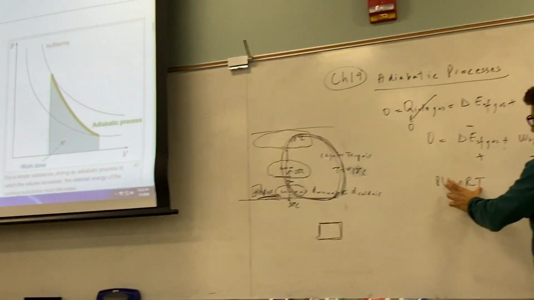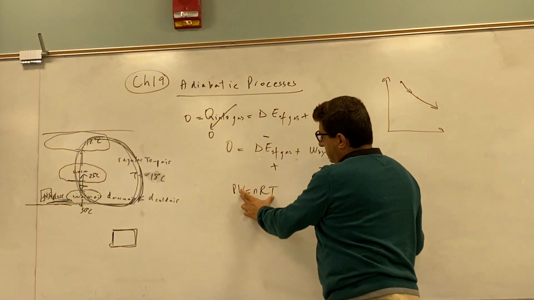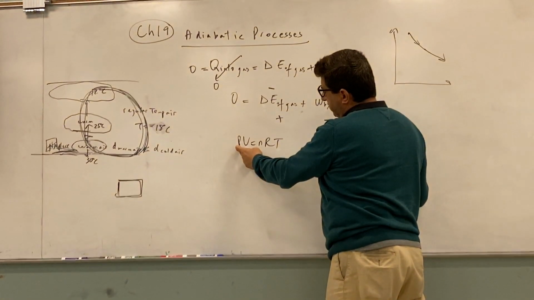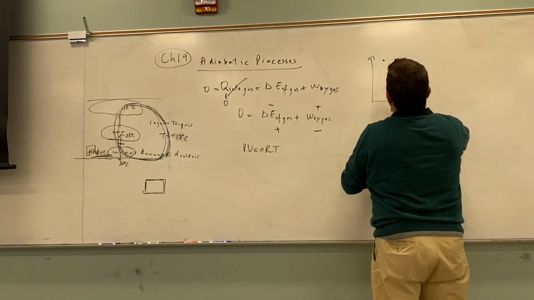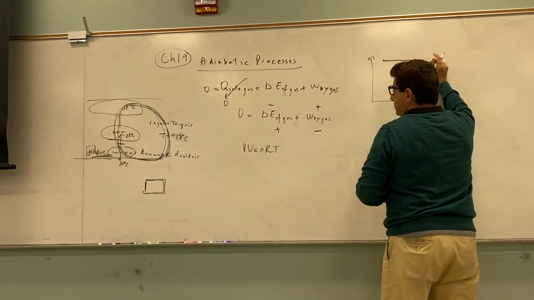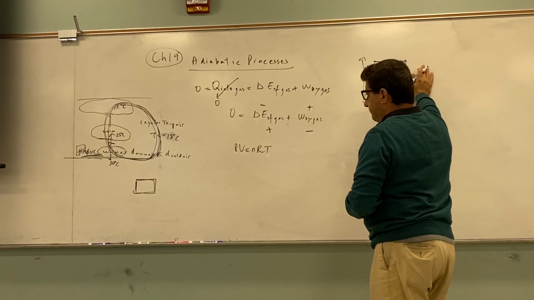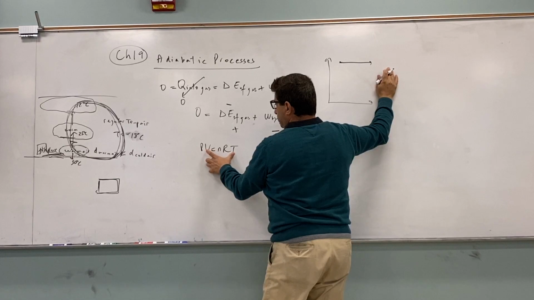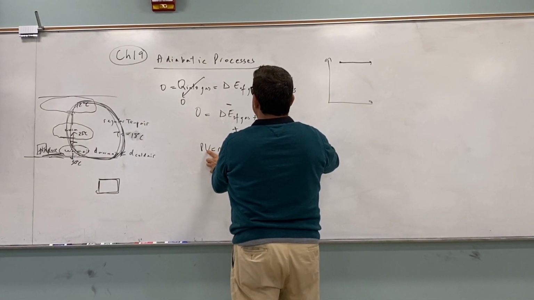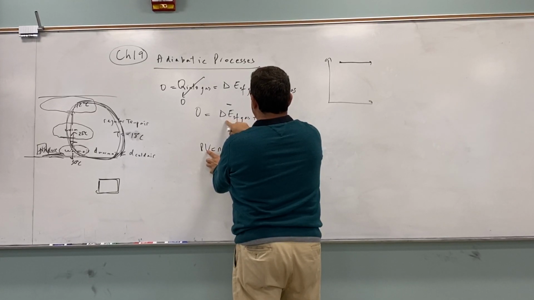So if this is changing and this is changing, maybe pressure can be constant, you can argue. In other words, the PV diagram can look like this, can it? If this is changing and this is changing, see, it's doing work and the delta E is changing.